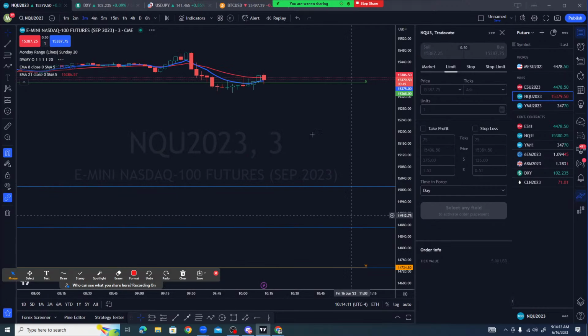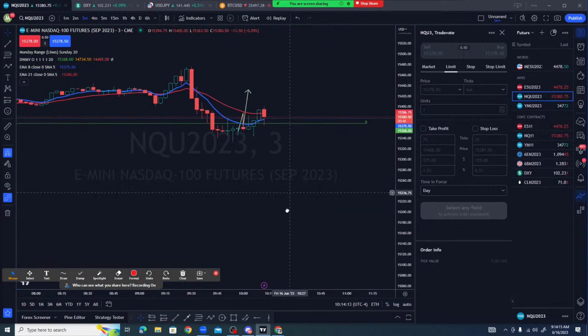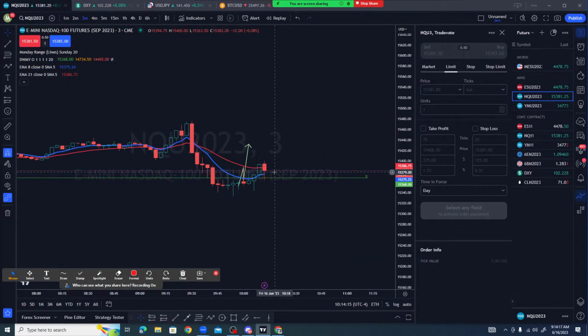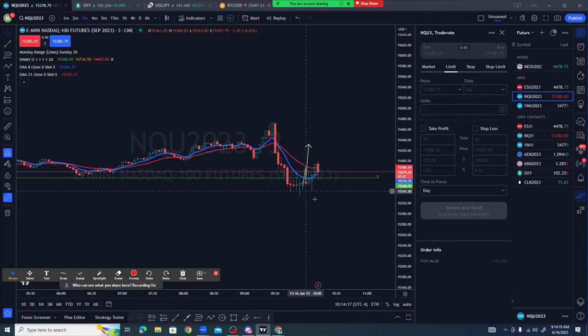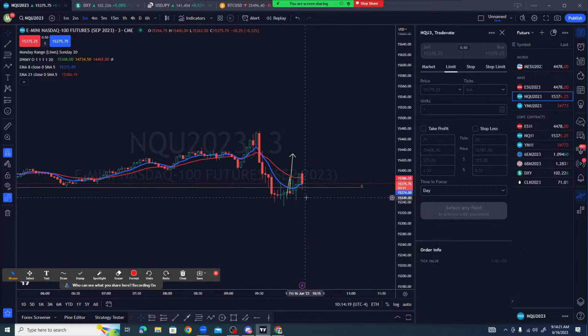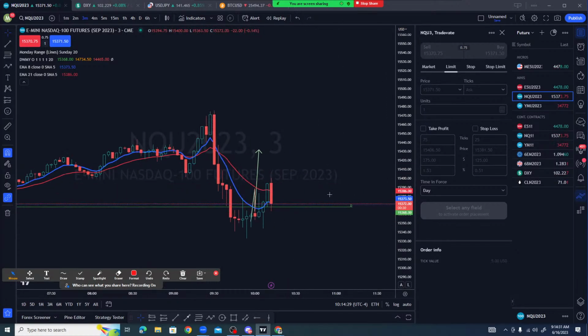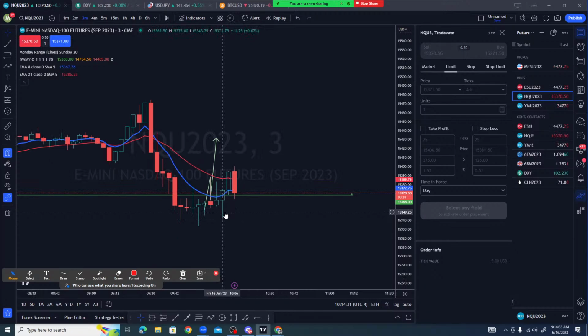What's the NQ doing? Basically the same thing. It's allowing for an entry right here on the NQ. I really like the NQ a lot more than I like the ES. I'm buying right here with a stop down here in the 50s, a 20-point stop.